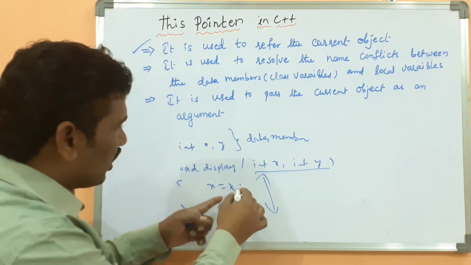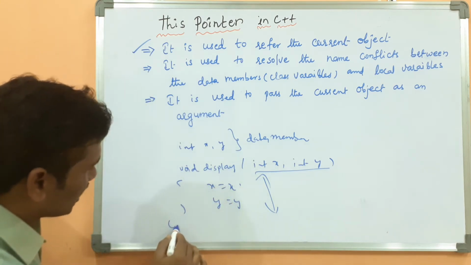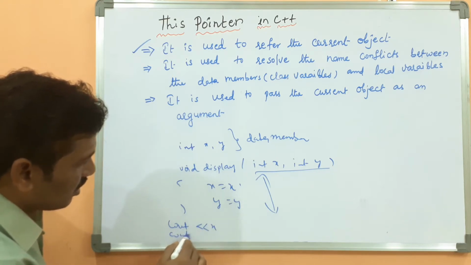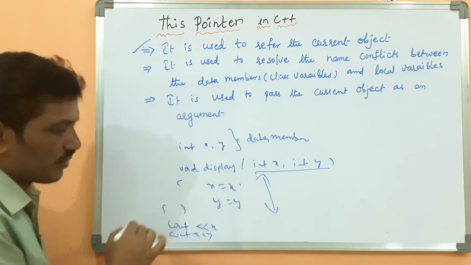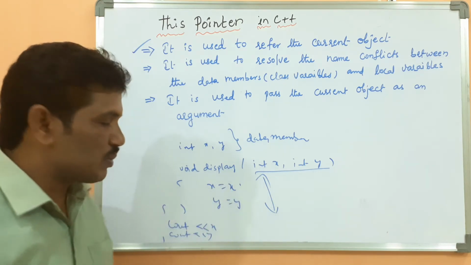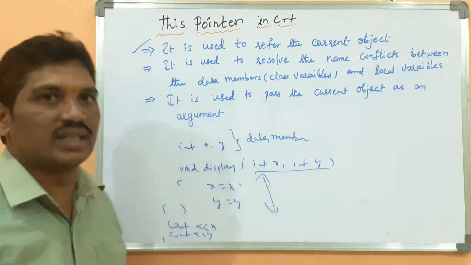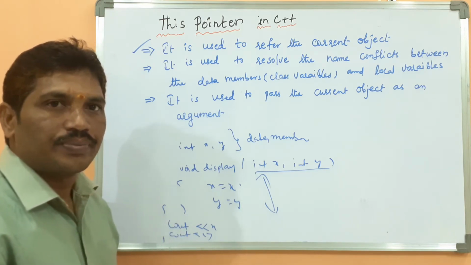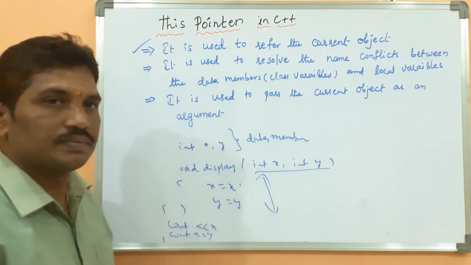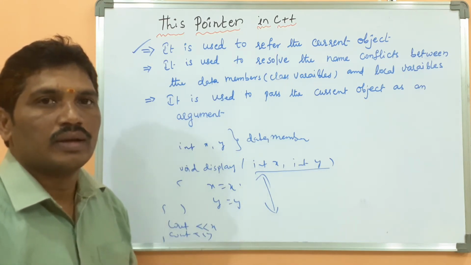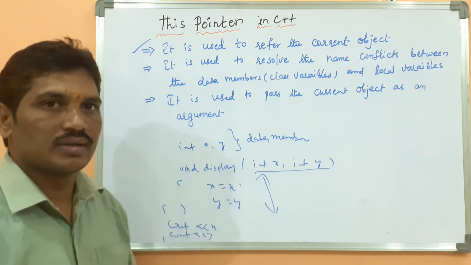But if x equal to x, y equal to y, and you display x and y in another function, what is the output? The output will be garbage values.